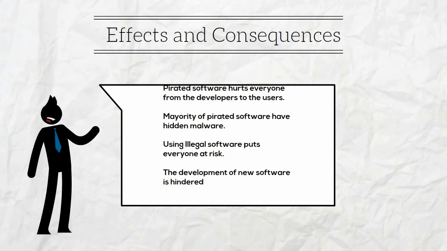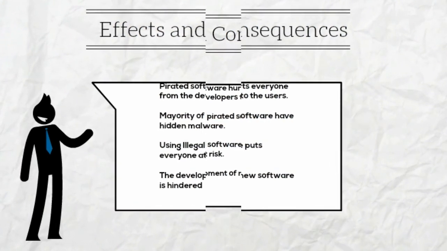If caught, the company or users could be liable for thousands, even jail time. If the developers are unable to make a profit, it wouldn't be a good decision to create more software. Software development equals jobs. According to the BSA, software development is directly responsible for 2.5 million jobs.